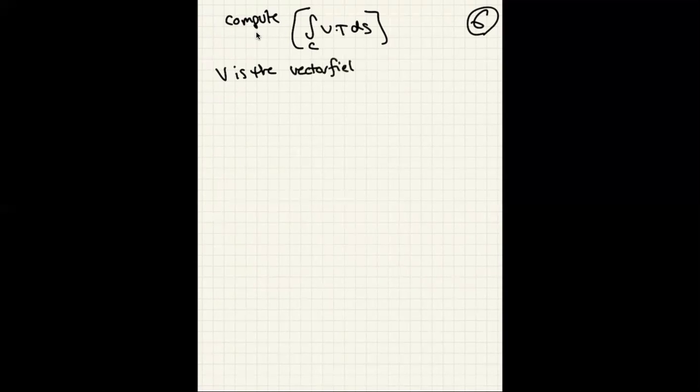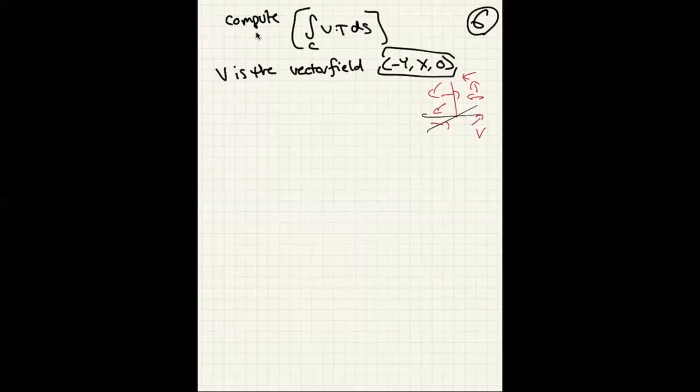It says compute the integral over C of v dot t ds, and I have to tell you what all the data is, where v is the vector field -y, x, 0. We've dealt with this vector field many times. It looks like a tornado twisting in a counterclockwise fashion around a vertical axis like this. So this is v.